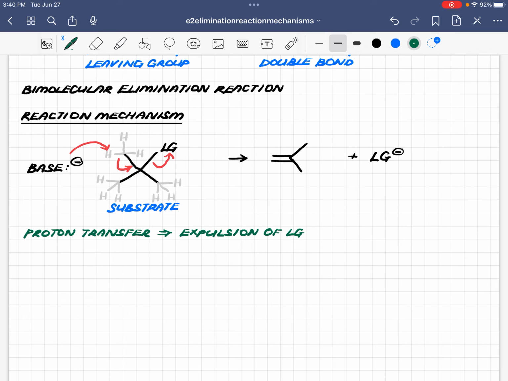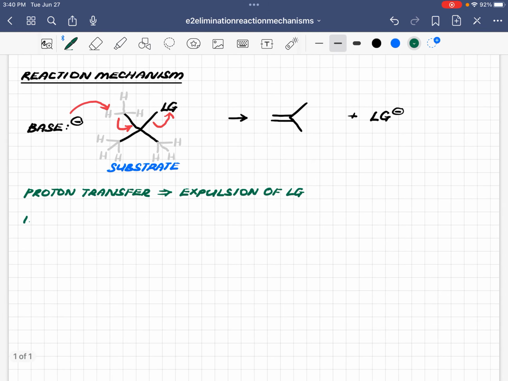So some important things to note here is that first, the E2 reaction happens in one single step.